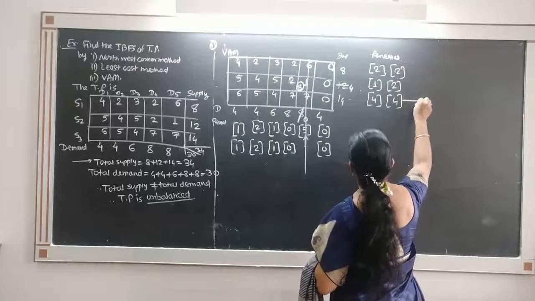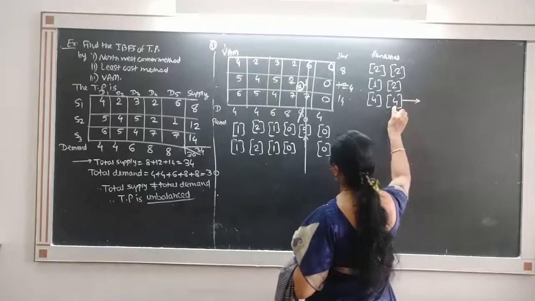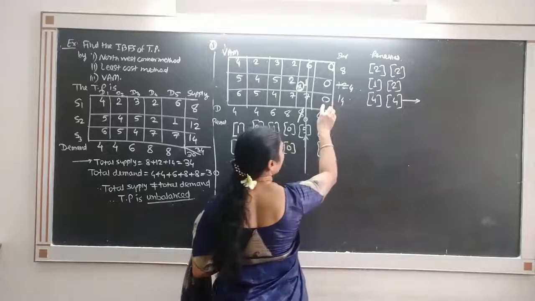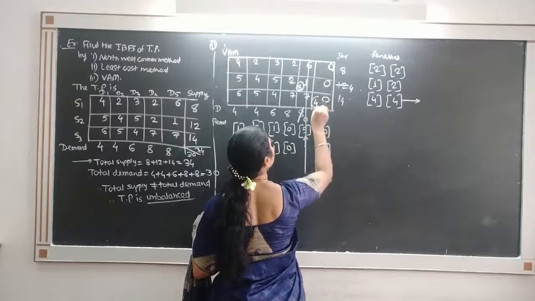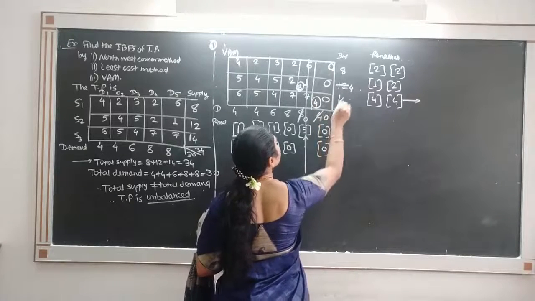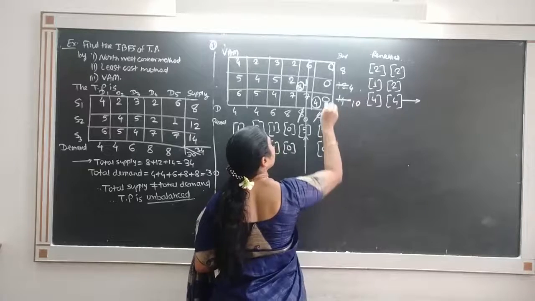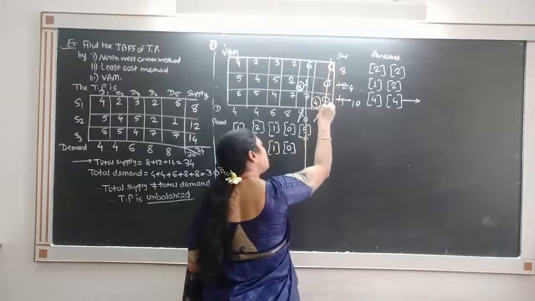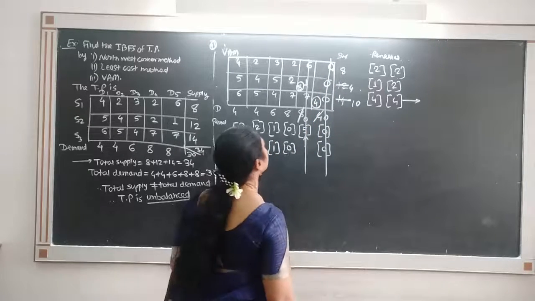Greatest penalty is 4. In this, smallest cost is 0. So allocate as much as possible. That is 4. Remains 0. Remains 10. Column has demand 0, so cross out that column.